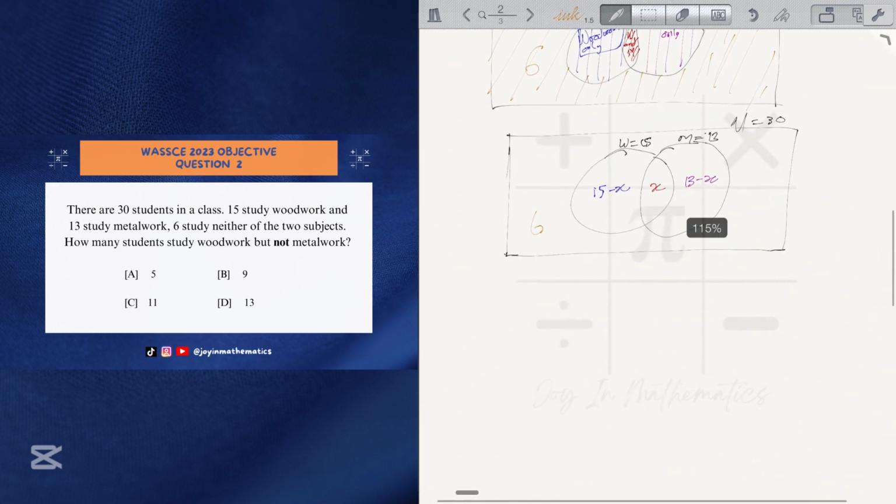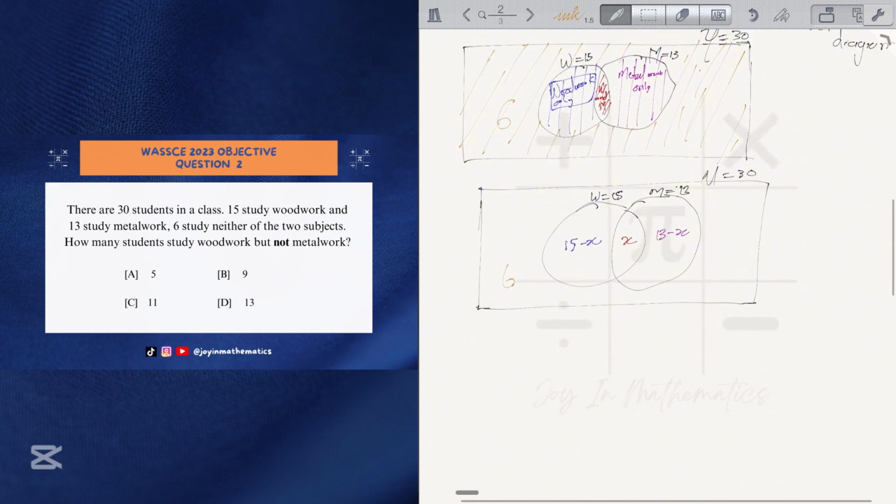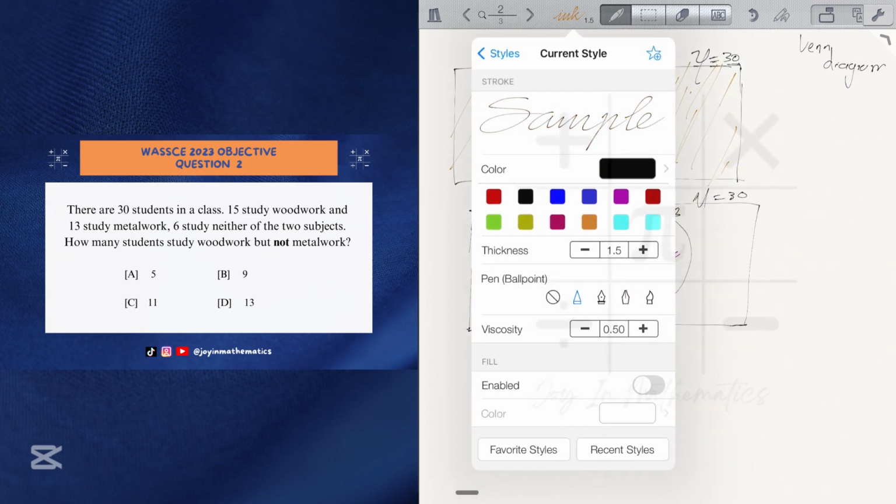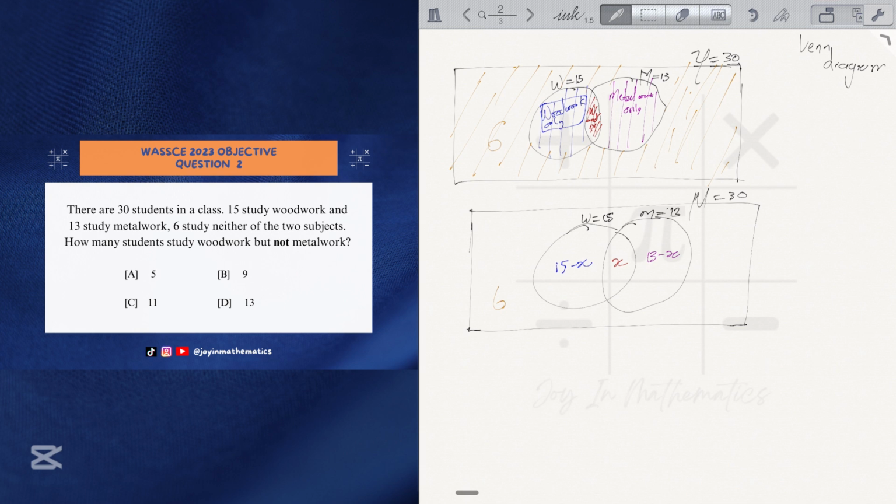So with that done now, if you look at these two diagrams, the universal set is the total of students inside. So that means the total number of students is the students that study woodwork only, that's 15 minus x, plus the students that study metalwork only, that's 13 minus x, plus the students that study both, that is plus x, plus the students that study neither, and that is plus 6.